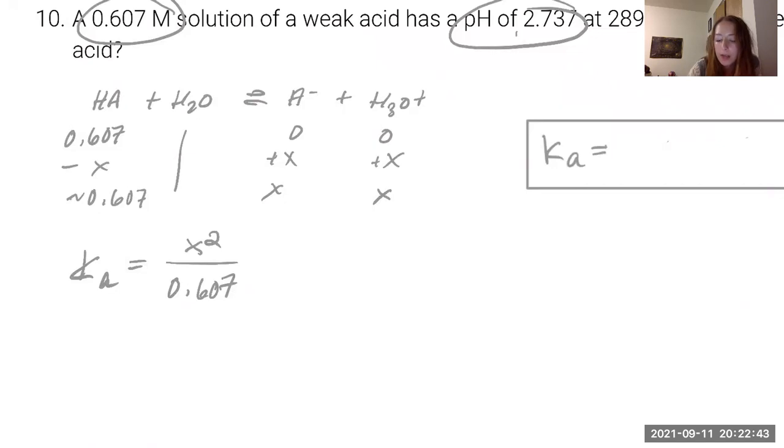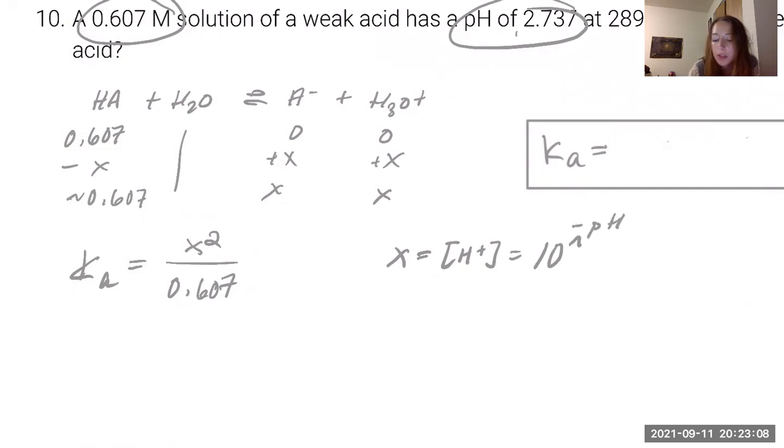We can find x using the pH. Okay, so x is the H3O plus concentration, which is the same thing as the H plus concentration. So x equals the H plus concentration, which equals 10 to the negative pH.